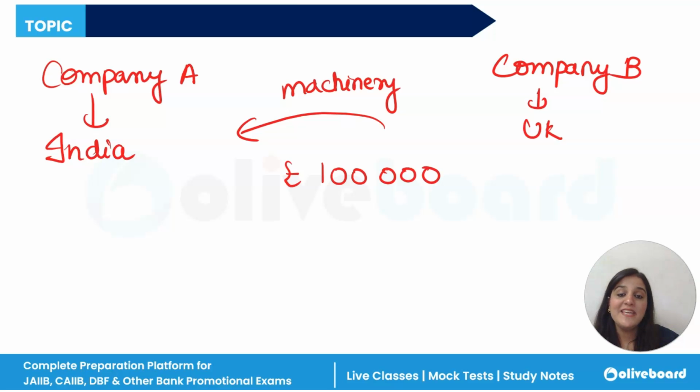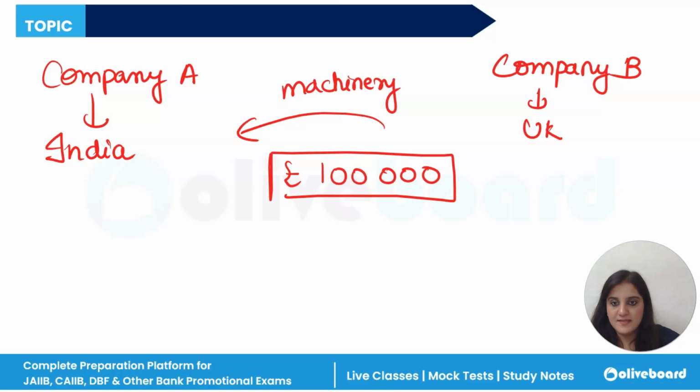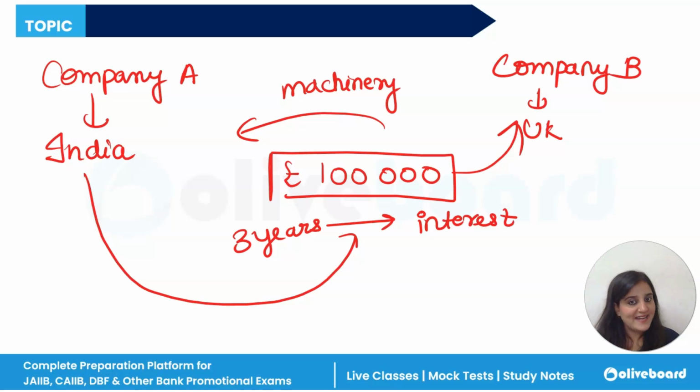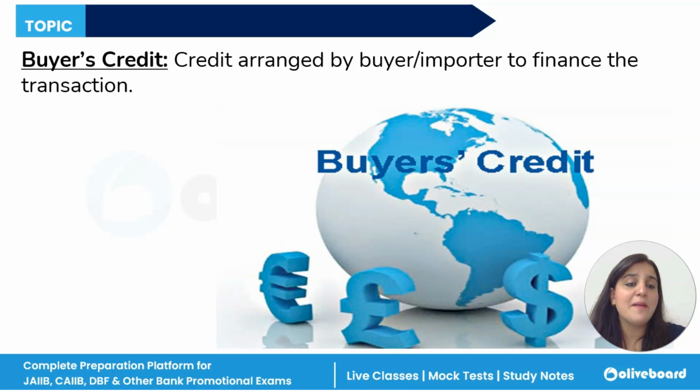Now company A arranges buyer's credit for this amount from a bank in the UK. The UK bank pays this amount directly to company B. Company A will repay the UK bank over 3 years with interest. In this way, company A gets the machinery immediately, company B receives payment, and company A repays the bank over time. Understood? What is buyer's credit? Buyer's credit is arranged by the buyer, the importer, to finance the transaction.